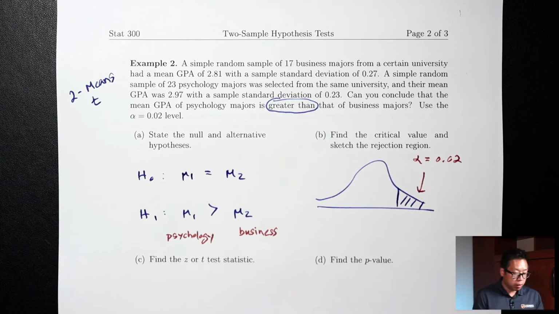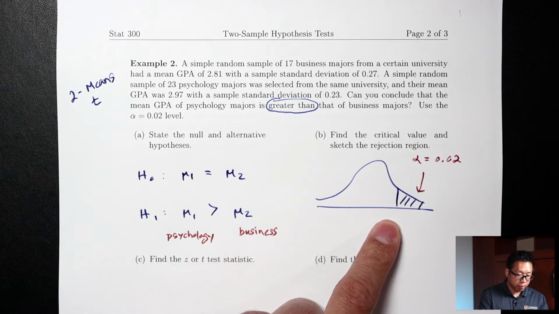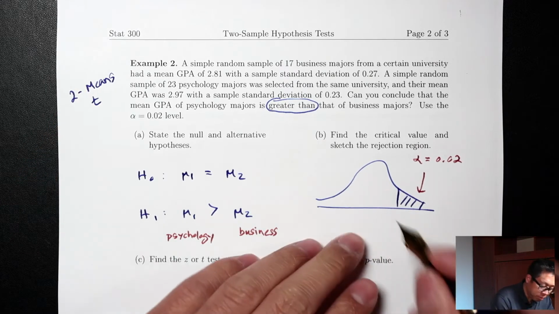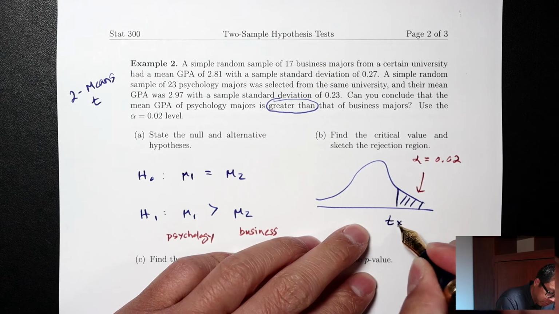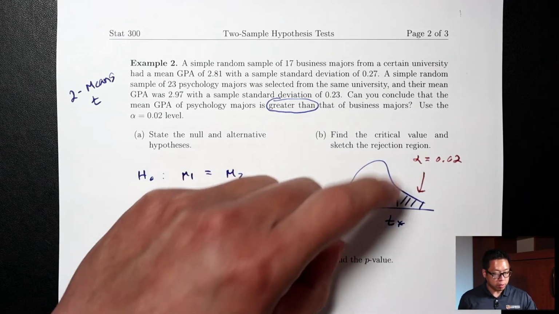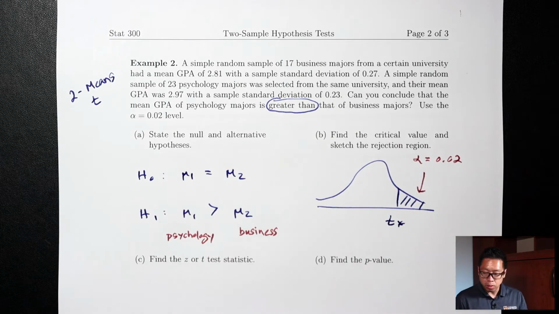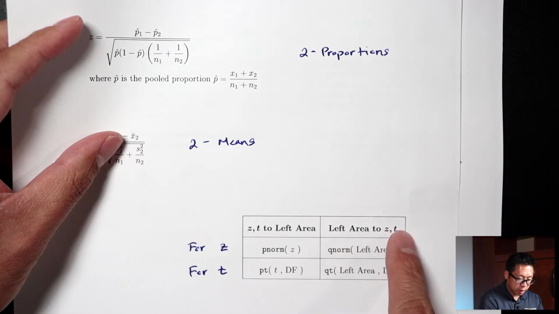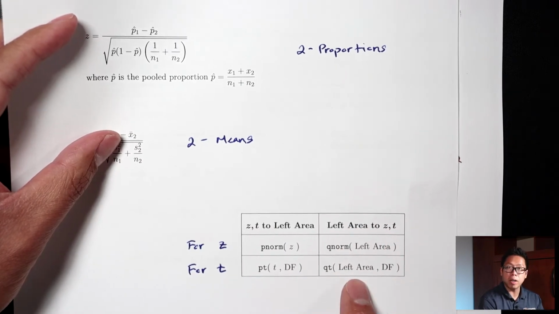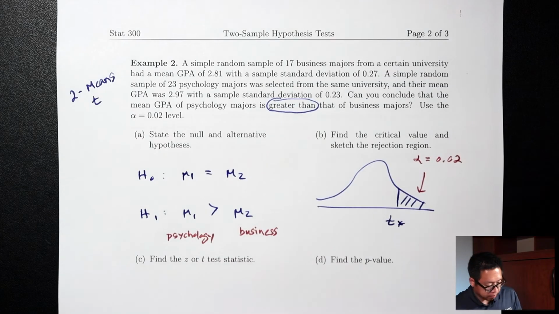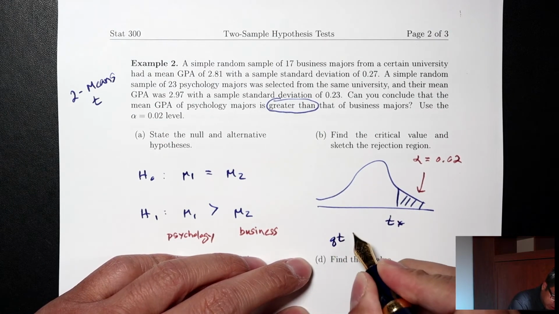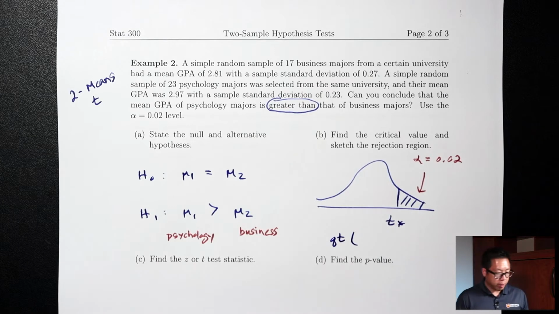And we should either be looking for a T star or a Z star. We're talking about means, I should be looking for a T star. So this is really an area to T question. So in R, for the T situation, area to T, we should be doing QT, left area, DF.